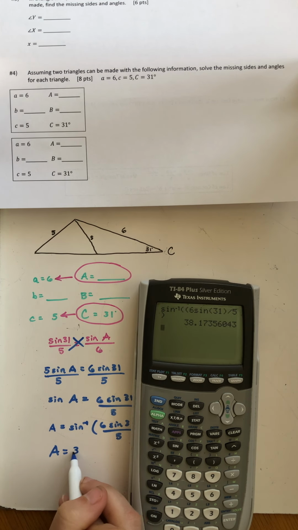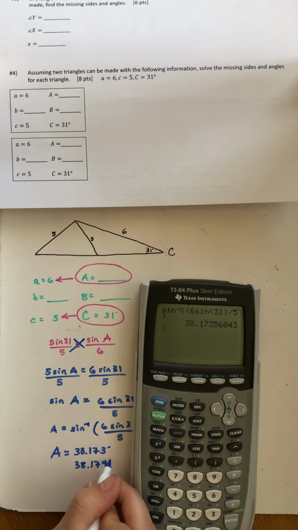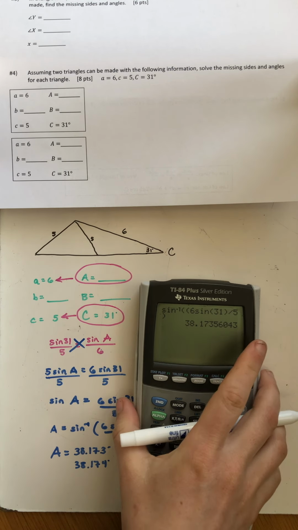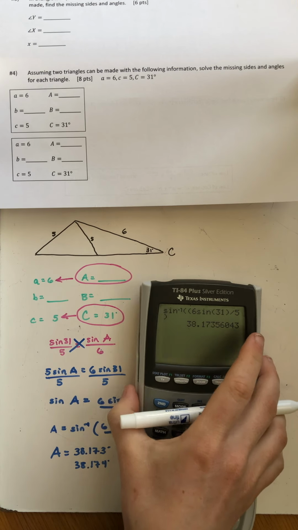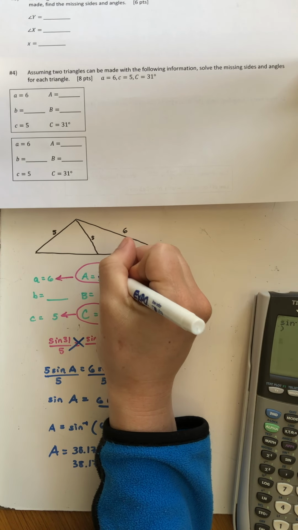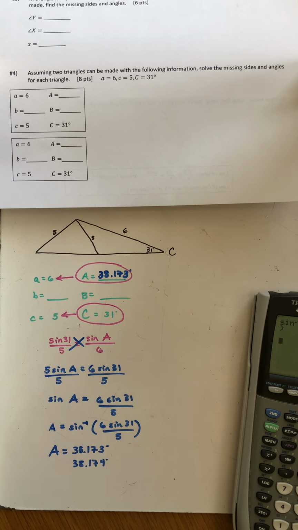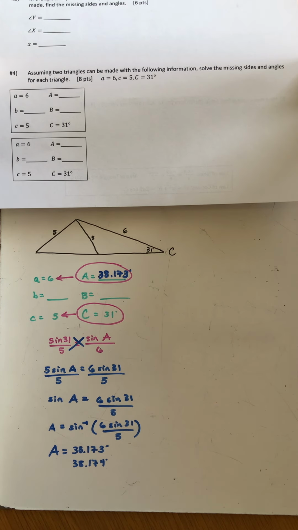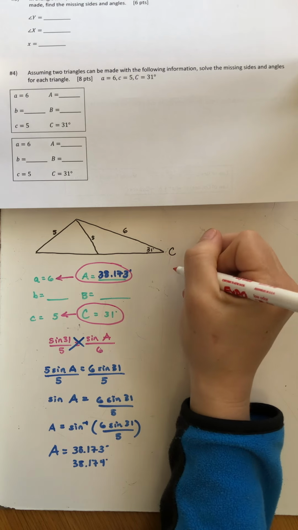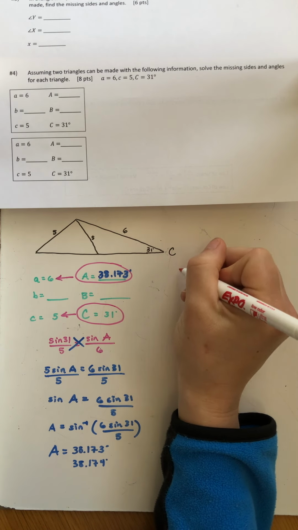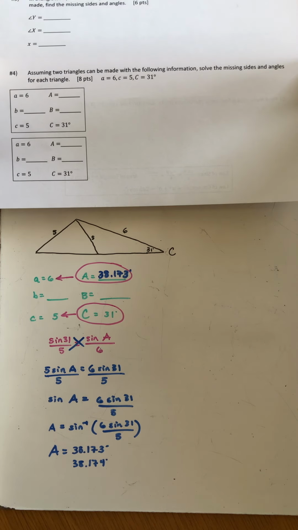And we get 38.173, or you could have had 38.174 degrees. I usually truncate, so I'm going to keep mine at 38.173. Now to determine the other option for angle A, I'm going to write all of these out again.